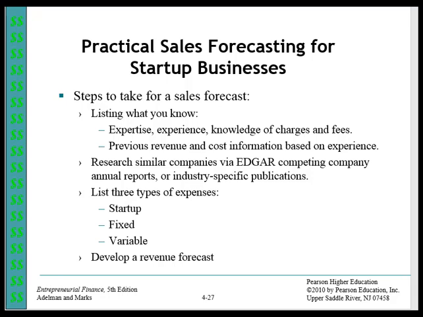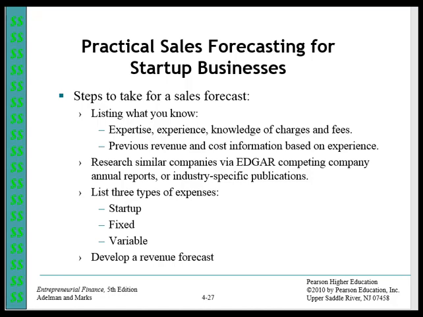We need to maybe look outside the company, get some advice from other people. We need to look at competitors, look at the industry numbers. But we want to think about some basic types of expenses: startup expenses, fixed expenses, and variable expenses. And one of the things we want to do is develop a revenue forecast.